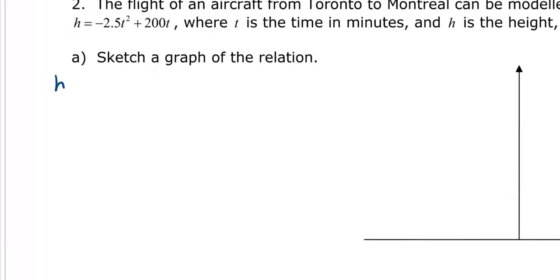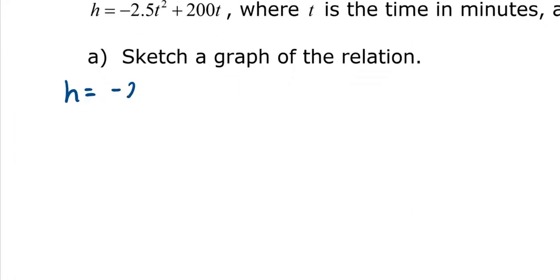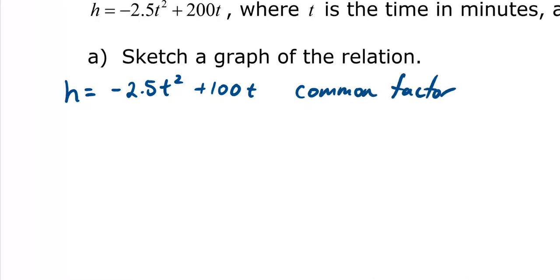So if h equals, let's write the equation, negative 2.5 t squared plus 100t. I'm going to common factor. Check, can I divide both terms by negative 2.5? And it certainly works.